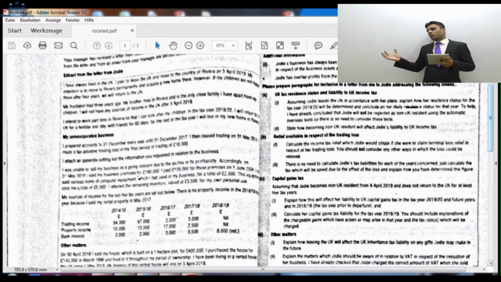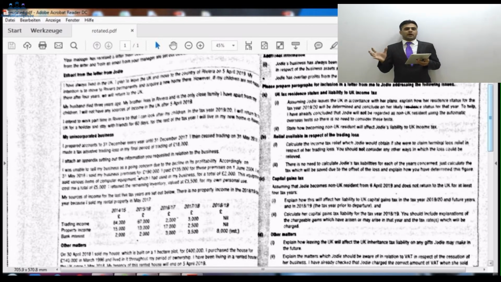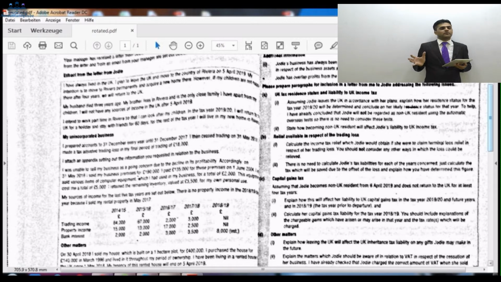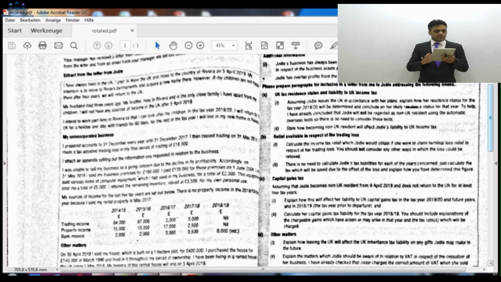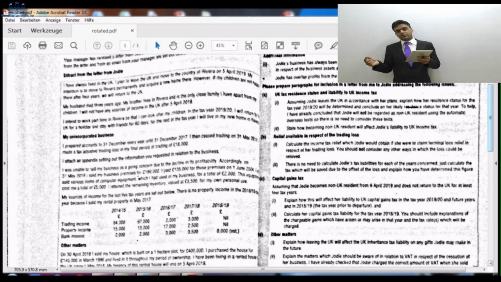Now before we move to the UK ties, we also need to consider the automatic UK resident tests. In the question it says I've already concluded that she is not automatically non-resident, but she might be automatically UK resident. So we have to see that. Now there are 3 automatic UK resident tests. One is a person is in the UK for 183 days or more in the tax year.